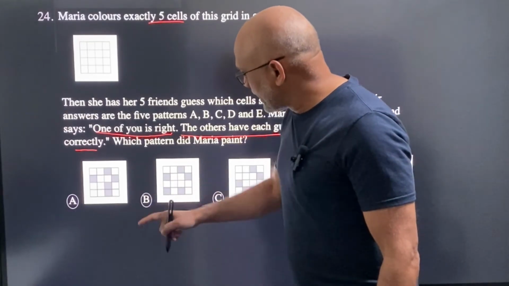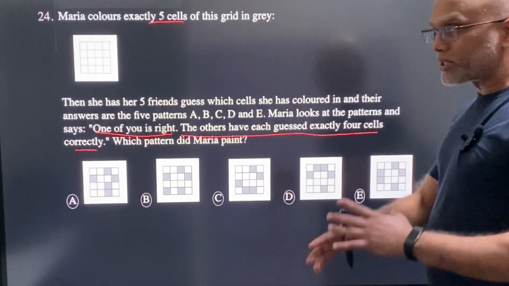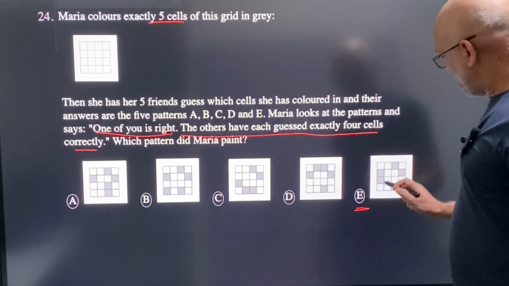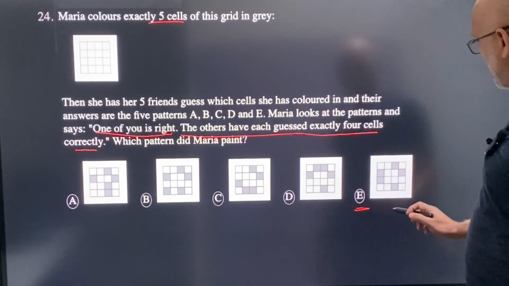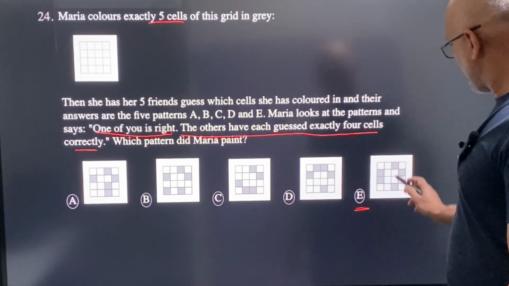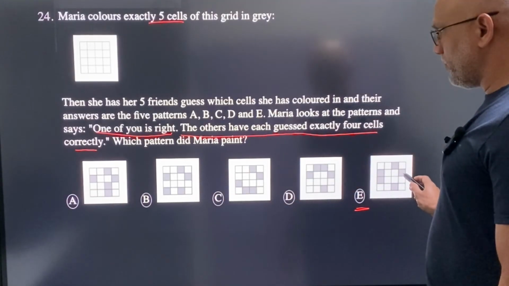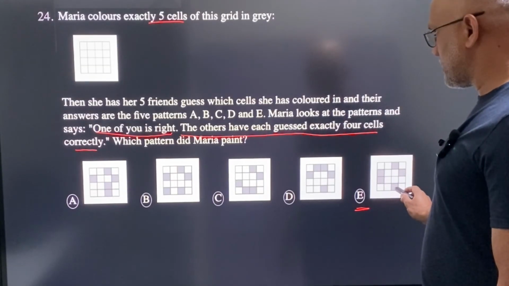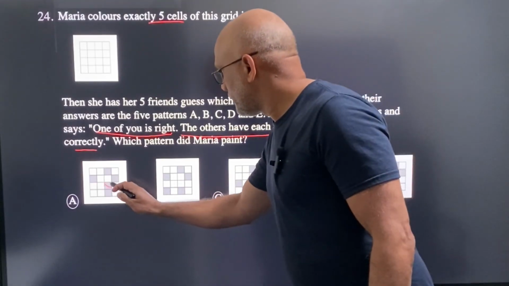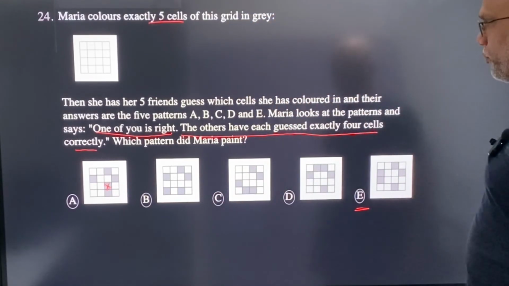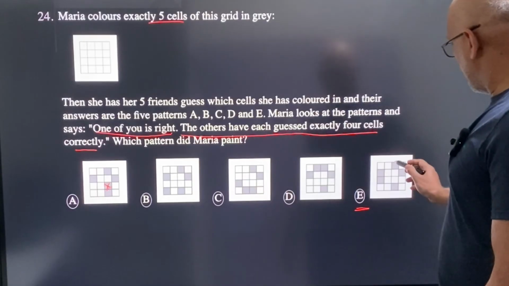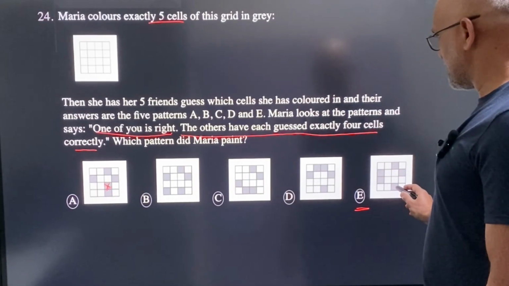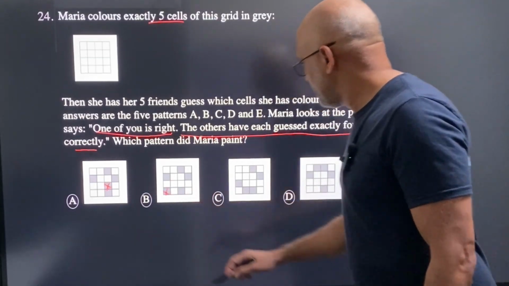Then similarly we can assume that B is the correct choice, and so on and so forth. I have already done the checking and it looks like E seems to work. So assuming E to be correct, if I check with A, these two are the same. This and this are the same. So this is off compared to B. With B, these two are the same. This is the same. This is the same. So this is off.